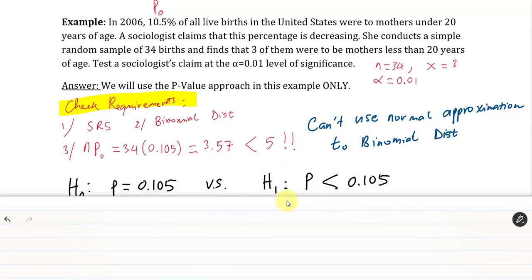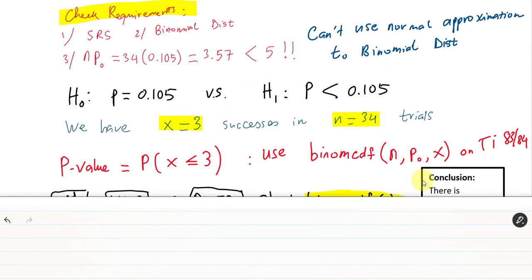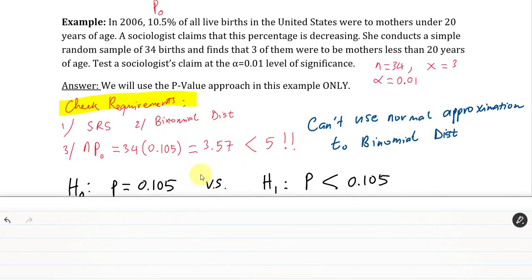Alright, so now we have x equal 3 successes in the total of 34 trials. Now, the p-value is equal to what? Is equal to p of x less than or equal to 3 in this case, because 3 of them were the models of less than 20 years of age.